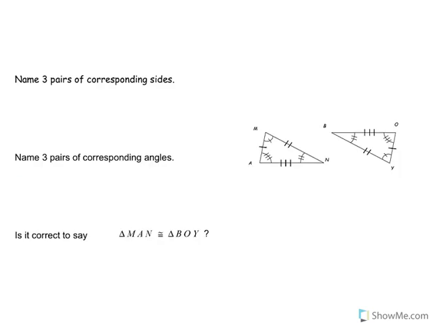Right, our next example says to name three pairs of corresponding sides. So here we're looking at our drawing, so we're looking for the same marking.